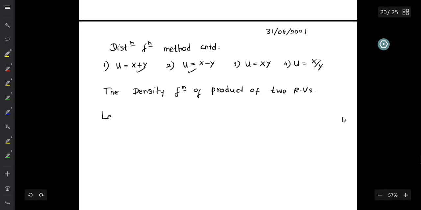Okay, so let u equals x times y. So we need to find the density of f_U.